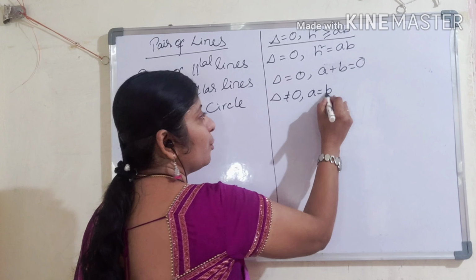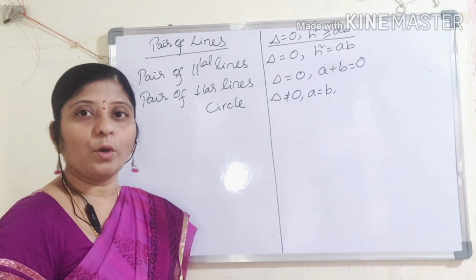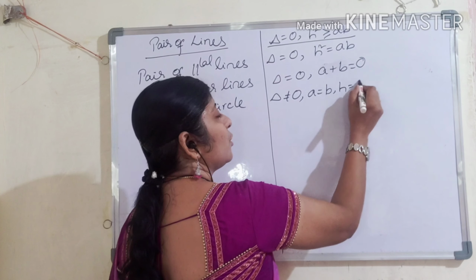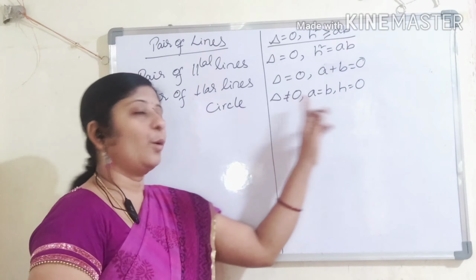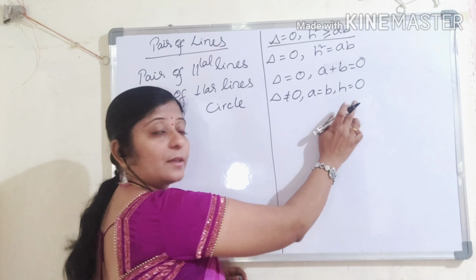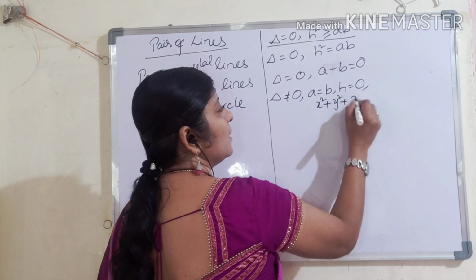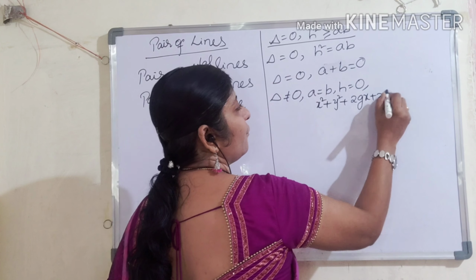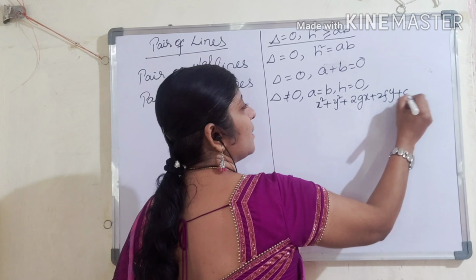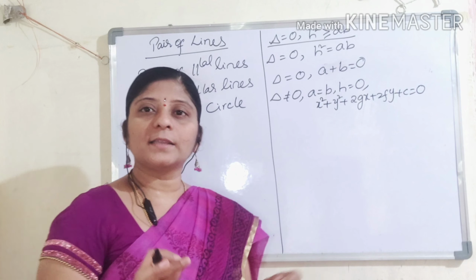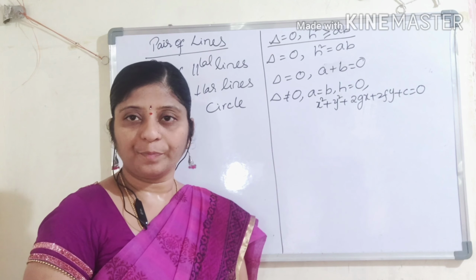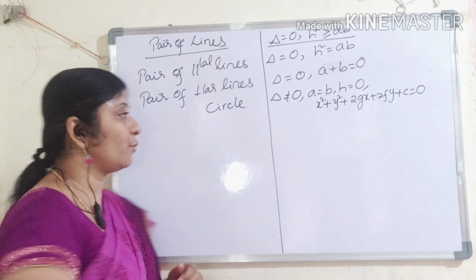When delta is not equal to 0, a is equal to b and h is equal to 0, we get the circle equation as x square plus y square plus 2gx plus 2fy plus c is equal to 0. This is the equation of the circle. Here the xy term vanishes. And next, after the circle, we get a parabola.